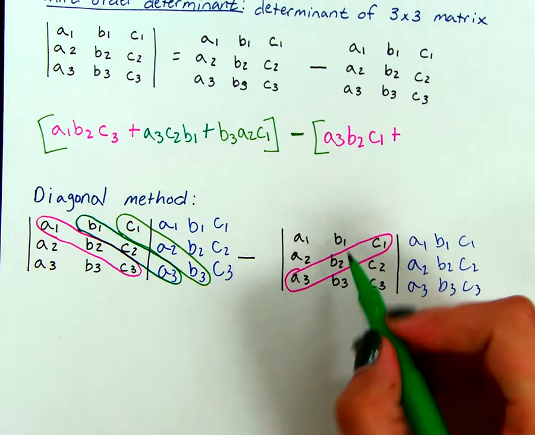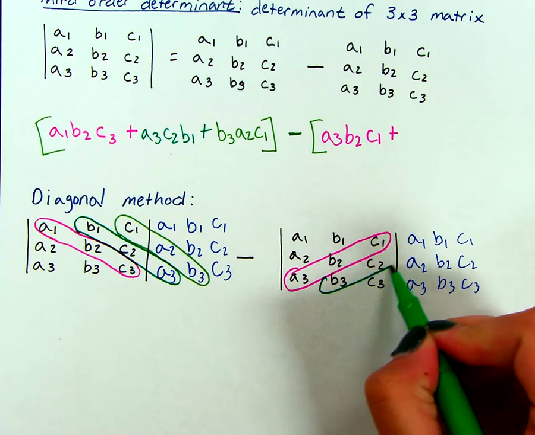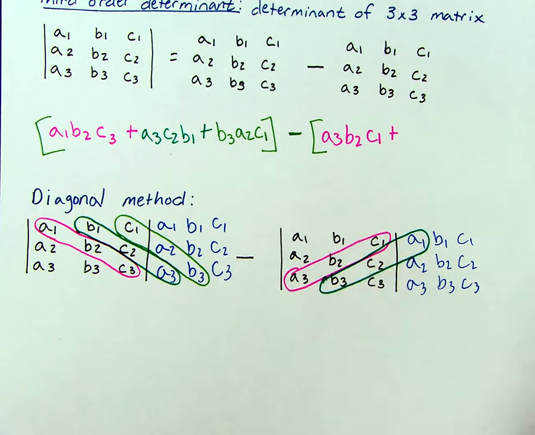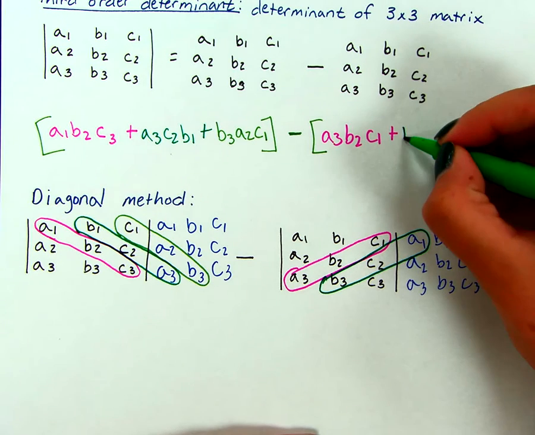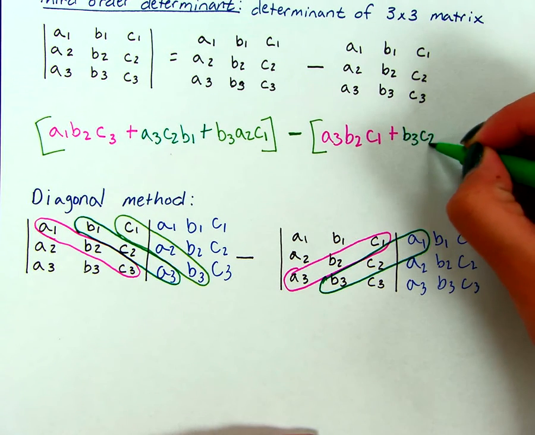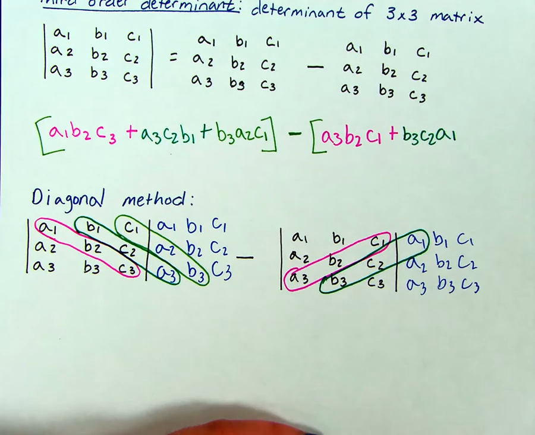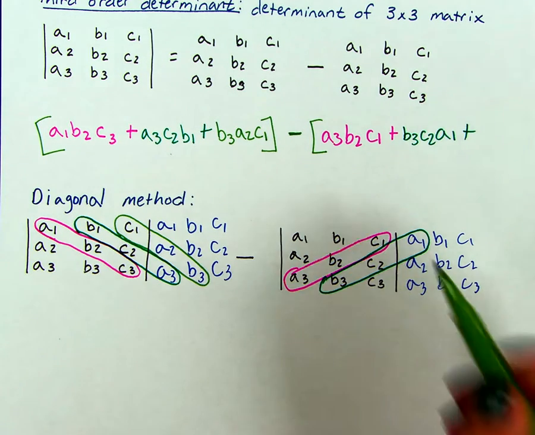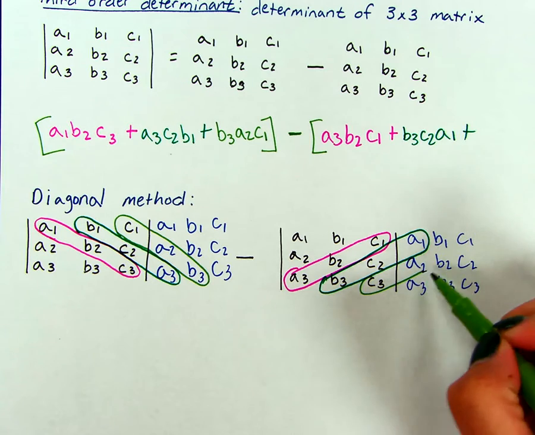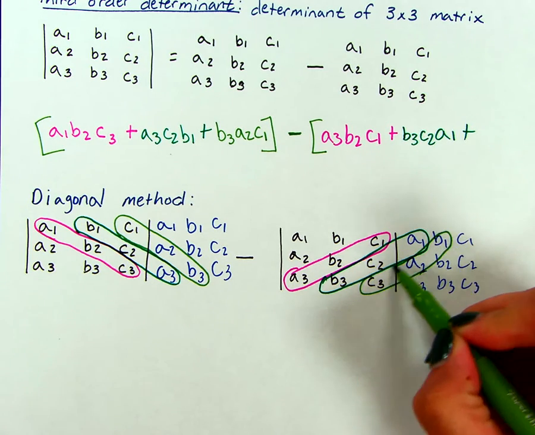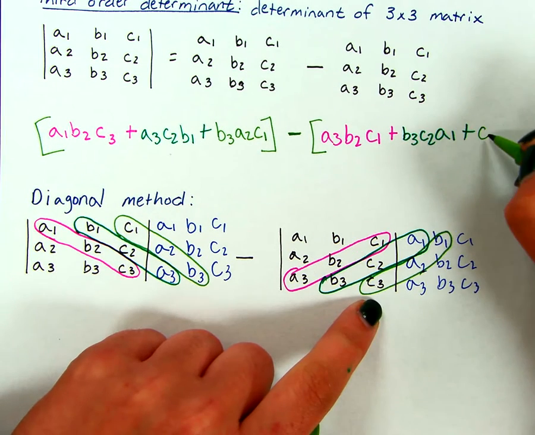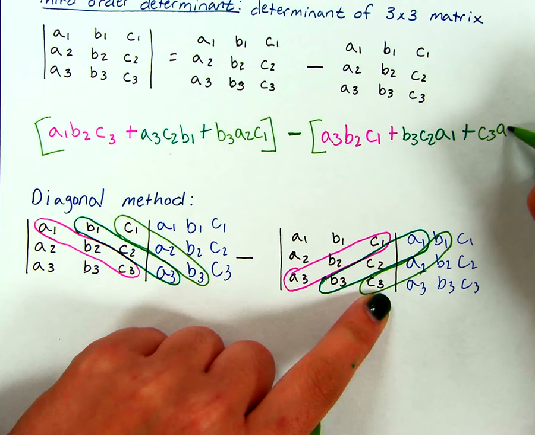So that's going to be B3 C2 A1 multiplied together. And then we're going to add that to the last set: C3 times A2 times B1. So we're going to multiply those together: C3, A2, B1.